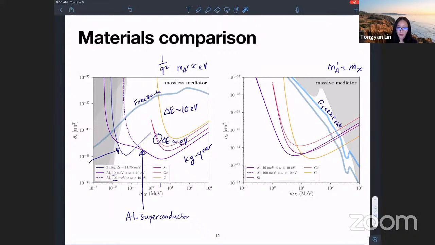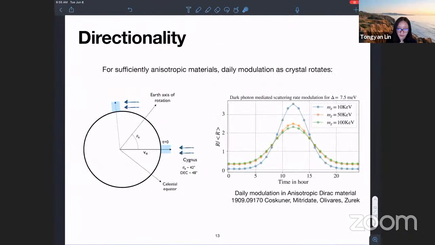Okay, so one quick comment about solid state materials is also that they allow for directional detection. So in this graphic, what you see is there's a particular crystal, and the structure of the crystal actually depends on which direction the dark matter is coming from and how you're exciting it.